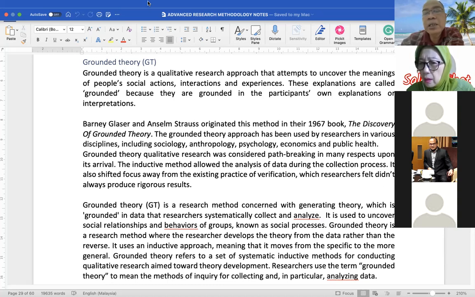Pilot study means, after you construct the theoretical framework, each student needs to discuss the theoretical framework with the supervisor, right? After the supervisor approves the theoretical framework, the students need to construct the questionnaire items.